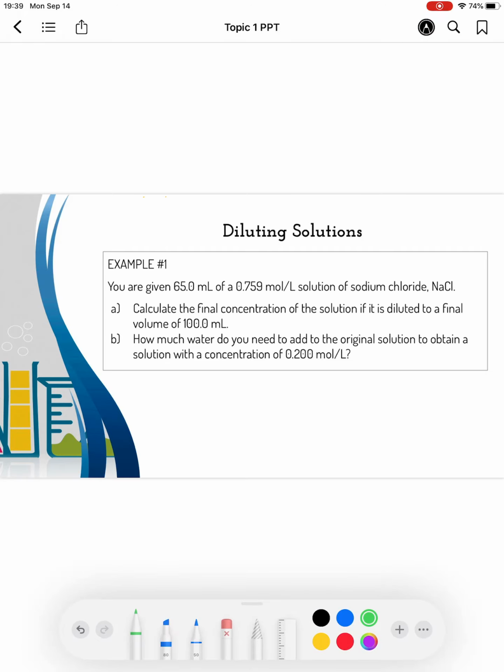Just to recap, our formula is CI VI is equal to CF VF. They've given us the initial information right here. This right here is a volume, so that would be our volume initial. And our concentration initial is 0.759.